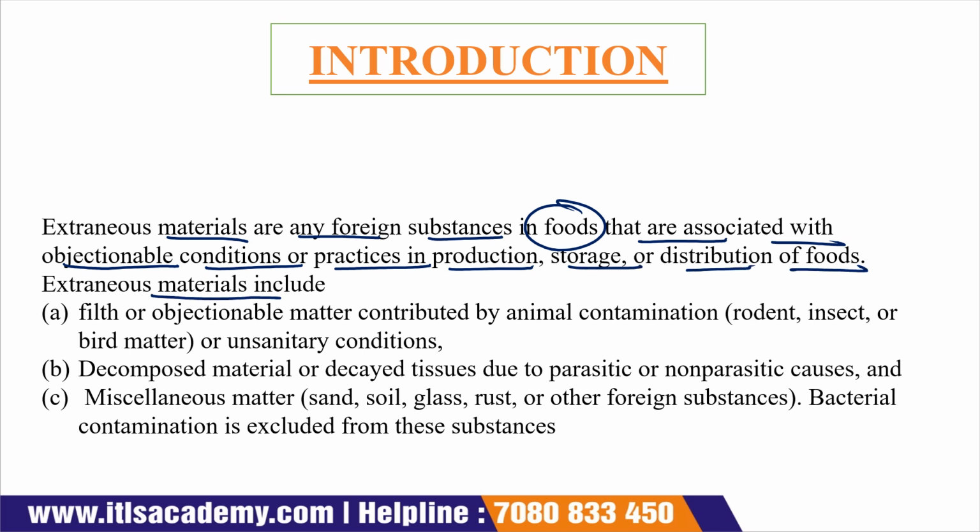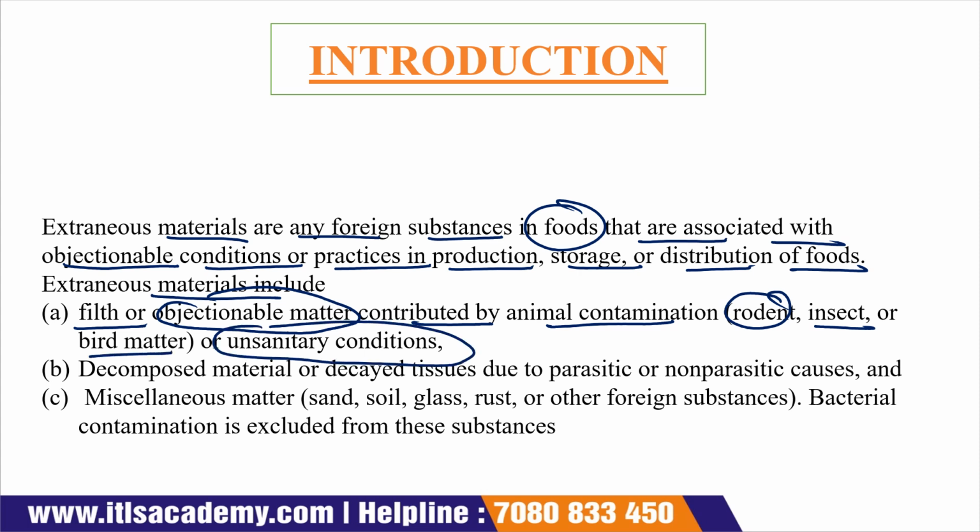Extraneous material includes filth or objectionable matter contributed by animal contamination like rodents, insects, or bird matter, or unsanitary conditions. Also decomposed material or decayed tissue due to parasitic or non-parasitic causes, and miscellaneous matter like sand, soil, glass, rust, or other foreign substances.